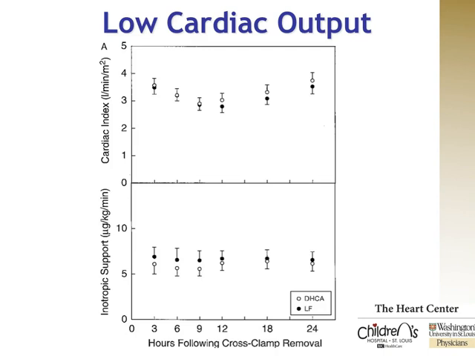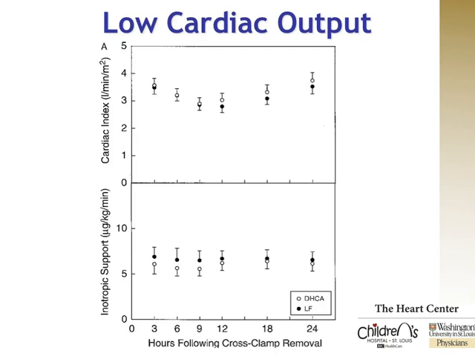We know that patients undergo what's characteristically referred to as a postoperative slump in cardiac output. I think people clinically had recognized this for a long time. Sometimes it was clinically obvious, sometimes it wasn't. These are some data from a study that was done a number of years ago in patients with transposition of the great arteries.